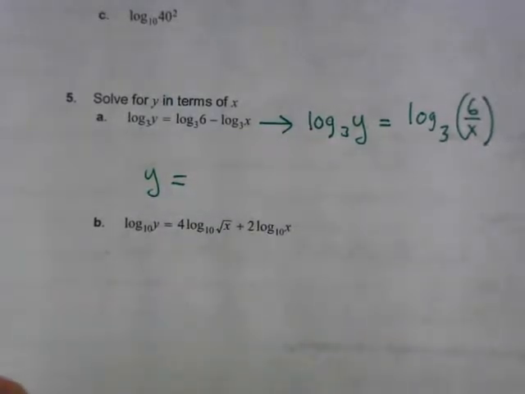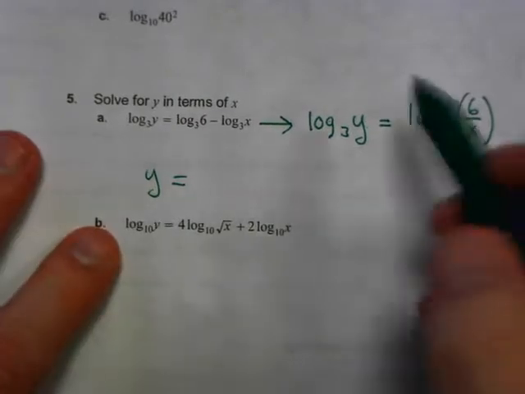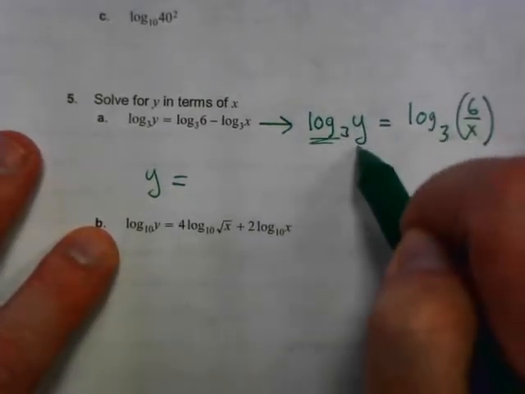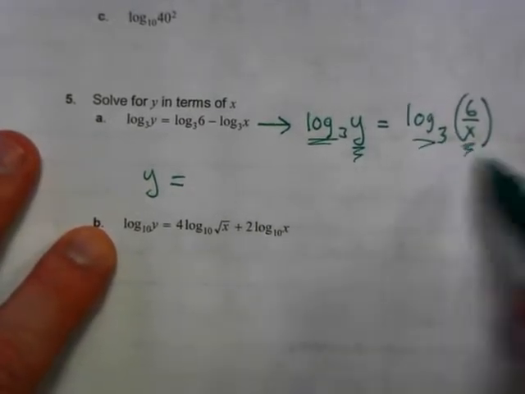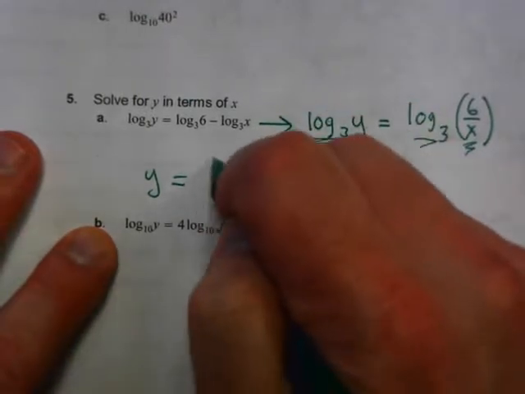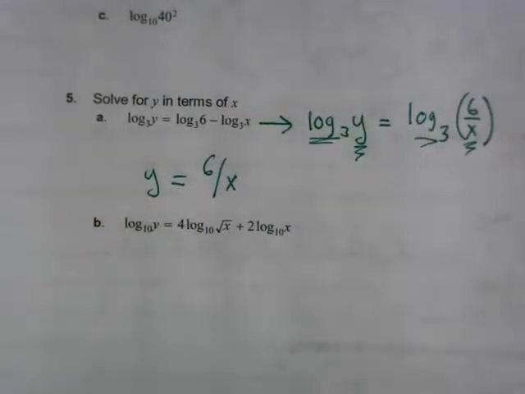It's got to be log 3 of something. What we're really doing is converting both of them to exponential form. Because they both have log 3, and because those things are exactly equal, the things inside have to be exactly equal. So y has to be 6 over x. So you can see where this is going to lead us into solving equations. This is why we cover this section.